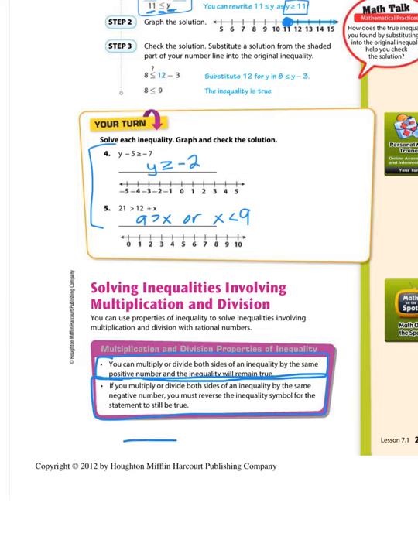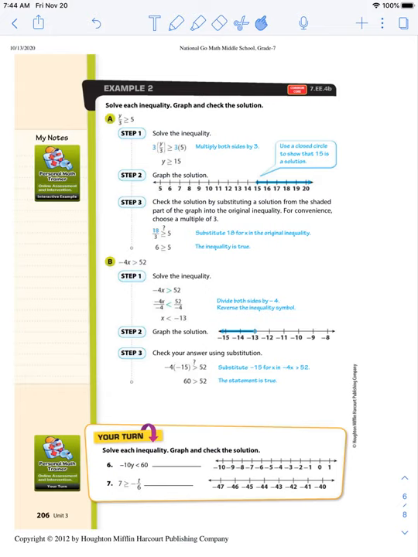Why that happens is because if we have a number line of 0, this direction is positive and this direction is negative. And we know that a positive times a negative equals a negative, and a negative times a negative equals a positive. So let's see some examples on the next page. All right, we're going to start with example B so that we can look at this negative stuff.